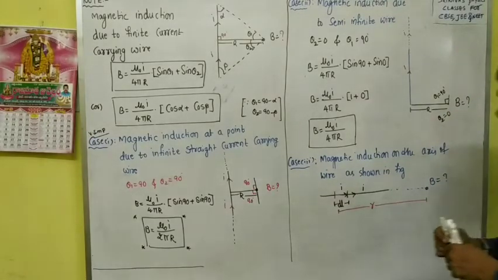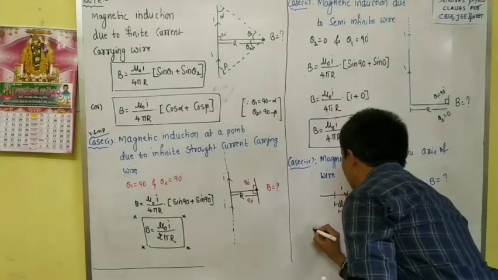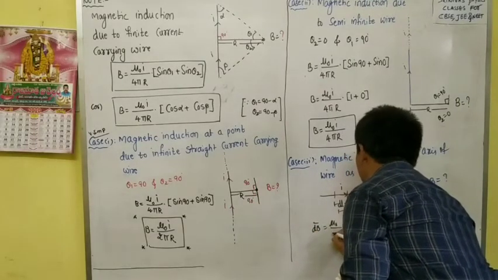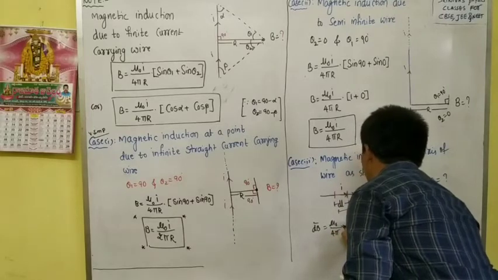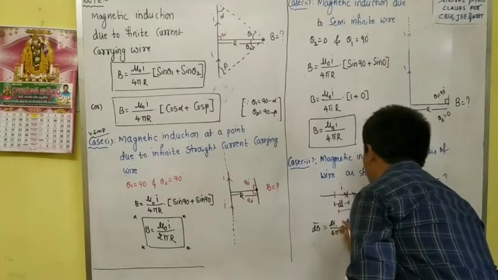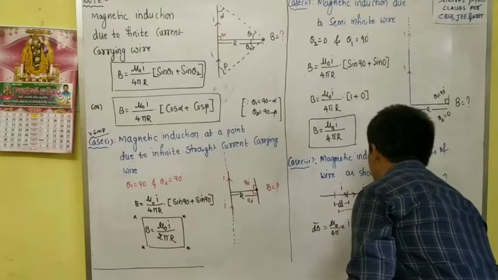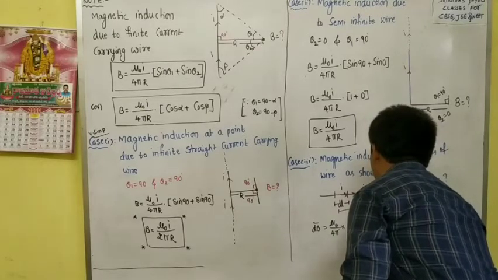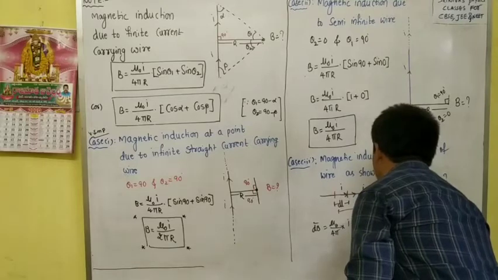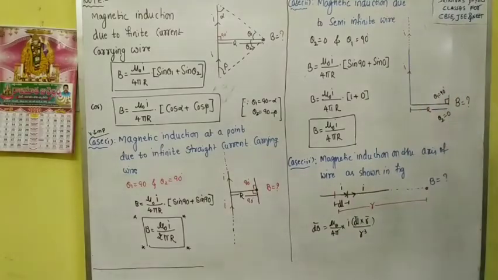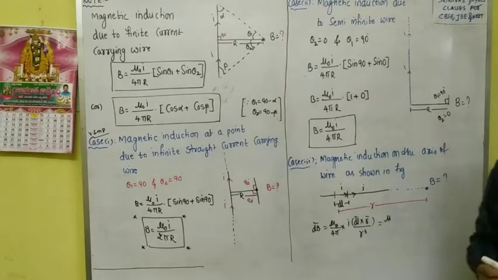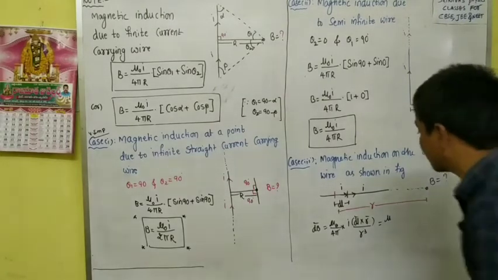The magnetic induction formula in vector form, we know, is dB bar equal to mu naught by 4 pi into I dl bar cross r bar by r cube. This is in vector form, but here there is no need for vector form, we directly take the value.